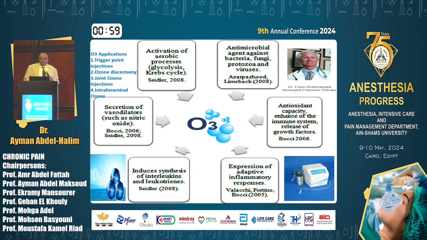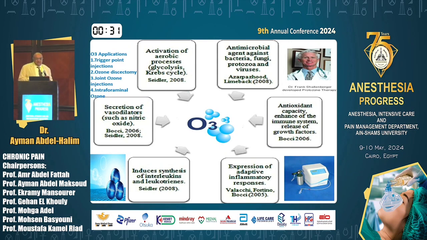Prolozone is another way to do prolotherapy, developed by this guy on the right here, Frank Shallenberger. He has a nice course in Nevada, and he gives you the machine at the bottom here. It's called Longevity. It's a Canadian machine. Their main indications are trigger points, also joint injections and intradiscal injections.